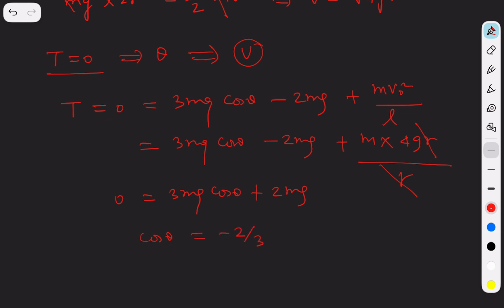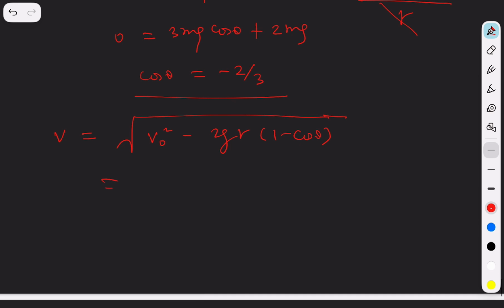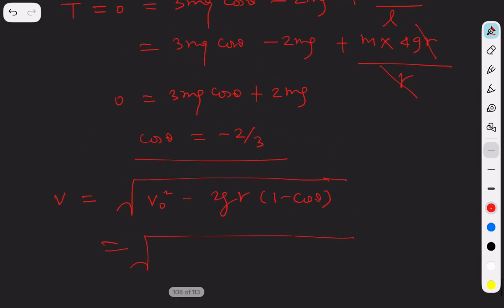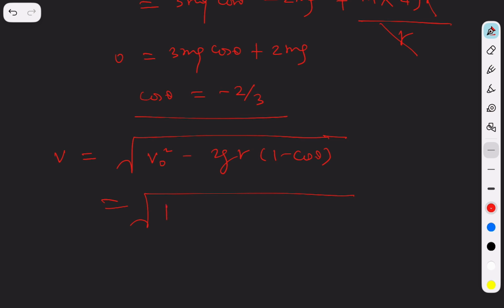Now guys, if you want to find velocity at this moment, it is under root of v naught square minus 2gr into 1 minus cos theta. We can put the values directly. So v is, 4gr we had seen, so it will be 4gr minus 2gr into 1 minus 2 by 3.